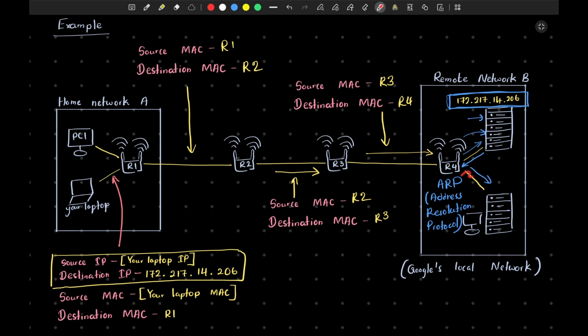Here I also mentioned that there is an ARP system, the ARP request. In the next video we will talk about the ARP request, because it plays a major role.